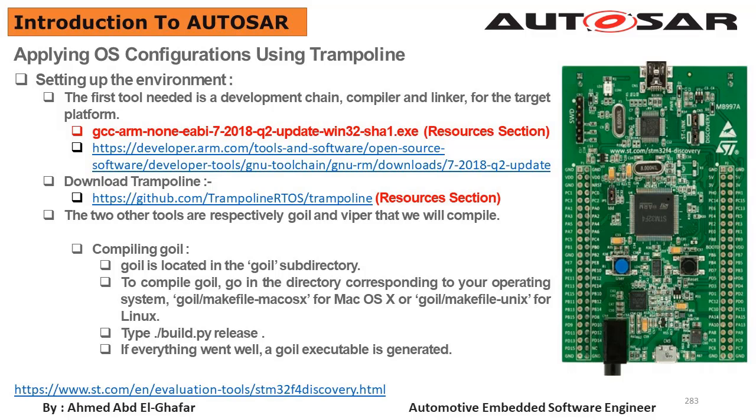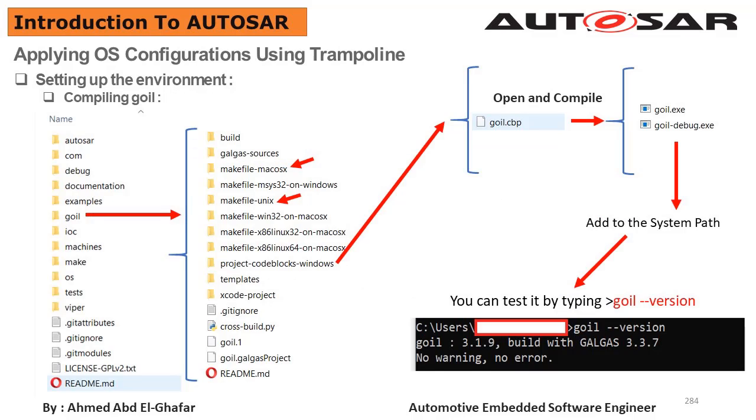Okay, be careful that all paths are relative to the Trampoline root directory. So when setting up path environment variables, complete the relative path with the installation path of Trampoline. Now to compile GOIL. GOIL is located in the goil subdirectory of the Trampoline root directory.